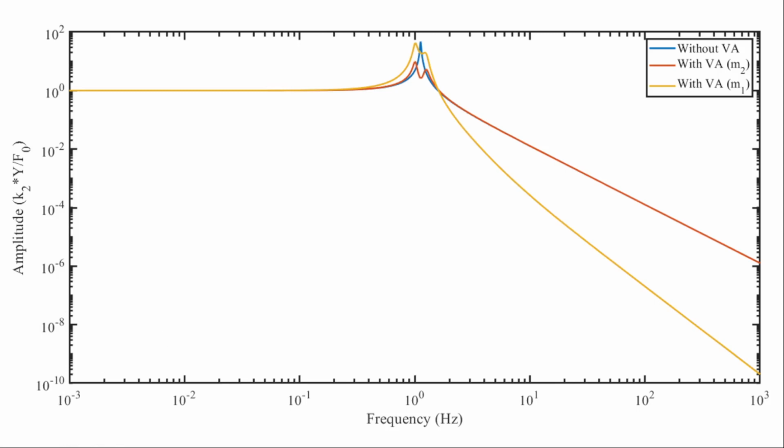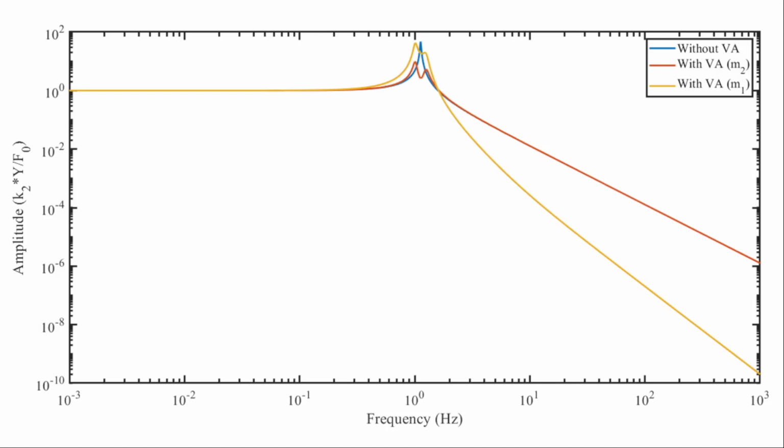The natural frequency is chosen to be around 1 hertz, so 10 to the power 0, and there we should see that peak. The blue curve is just the response of the single degree of freedom system, the machine without the vibration absorber. After adding the vibration absorber, we see two different curves, the orange curve and the red curve.